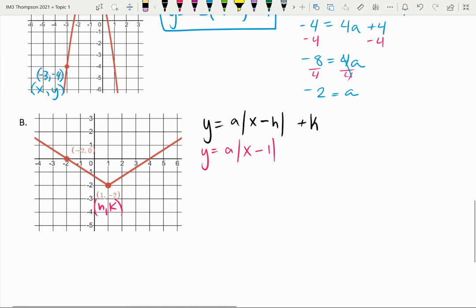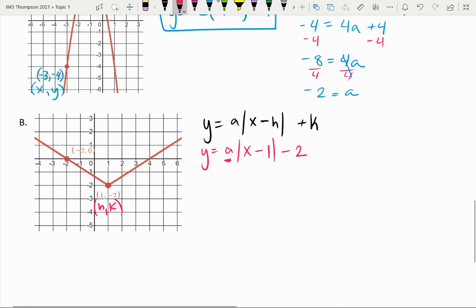That is not a thing that we're dealing with at this point in time. It is a graph, but it's not the one that we're doing. So if you copied down my squared on top of my absolute value, please fix that. I'm sorry. That graph definitely looks different. Okay. And then plus k is going to be a minus 2.